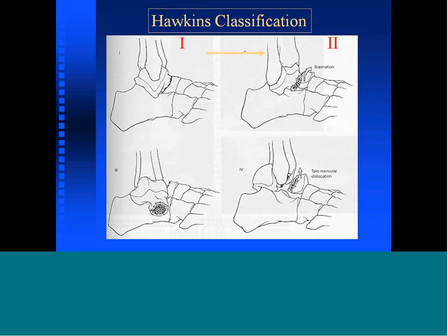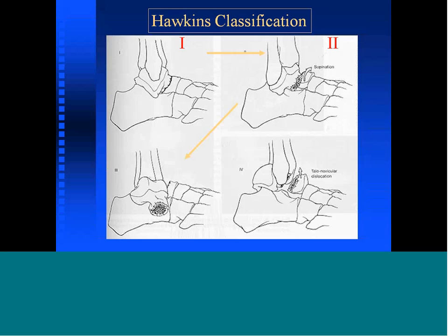Now, interestingly, on a lateral x-ray, you might see what appears to be a slight dorsal displacement of that talar head and neck fragment, but actually what oftentimes is occurring in the type 2 is a rotational malalignment, a supination rotational malalignment of that fragment that gives it that displaced appearance, and you need to recognize that it is not only a displacement but a rotational malalignment that provides that appearance that we oftentimes see with the type 2 variety fractures.